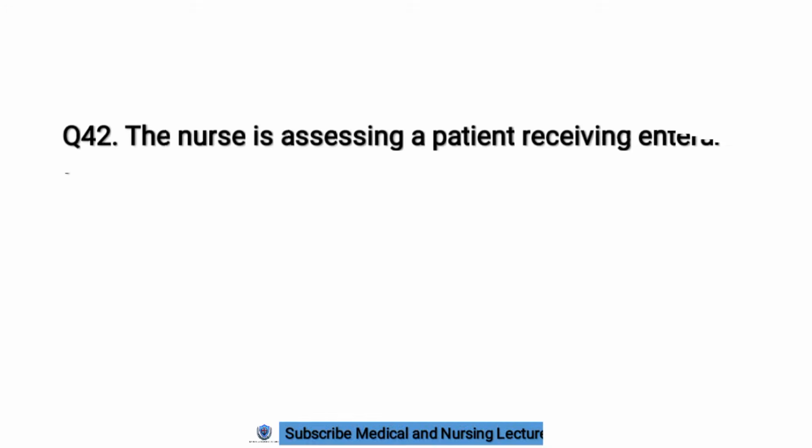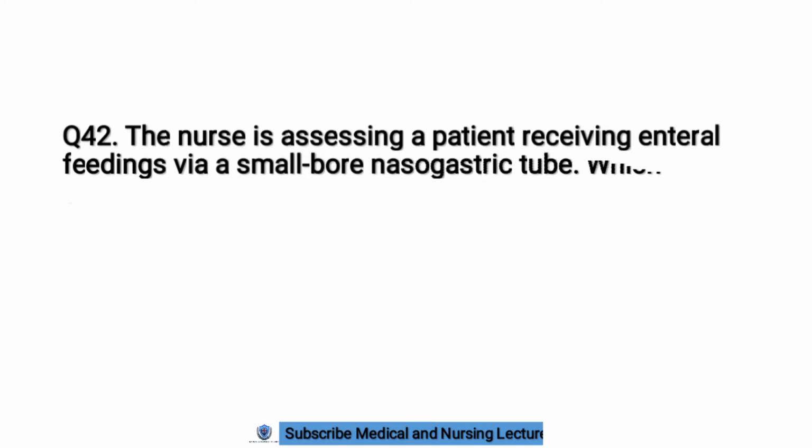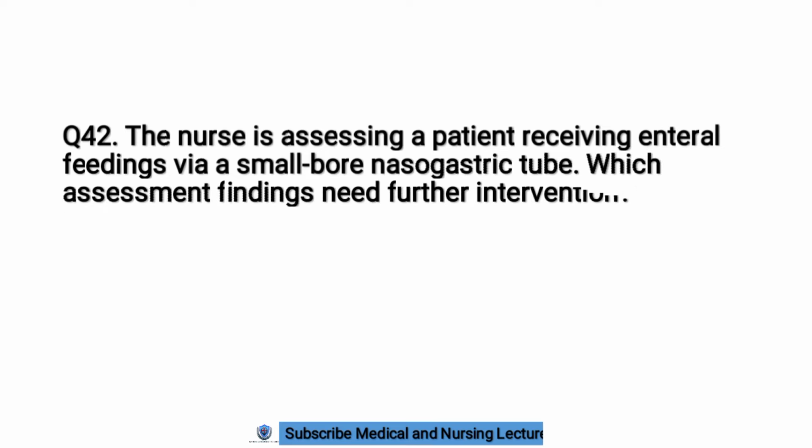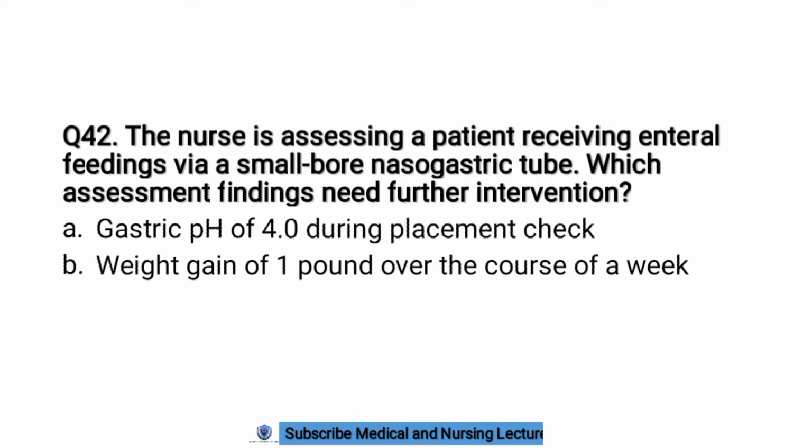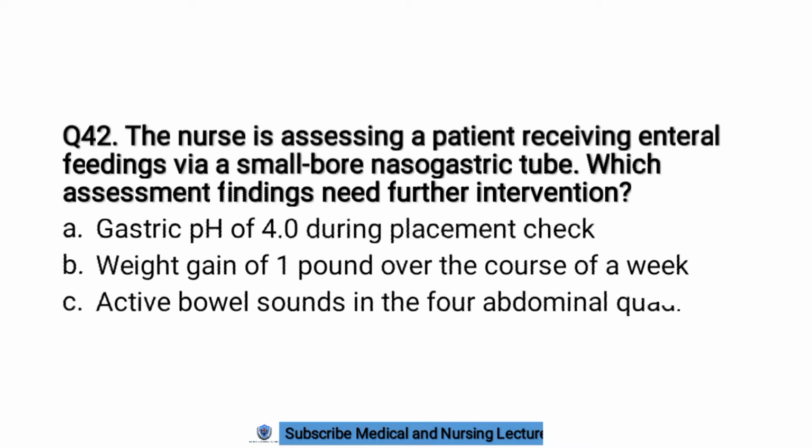Question number 42. The nurse is assessing a patient receiving enteral feeding via a small bore nasogastric tube. Which assessment findings need further intervention? Gastric pH of 4 during placement, check. Weight gain of 1 pound over the course of a week. Active bowel sounds in the 4 abdominal quadrants.